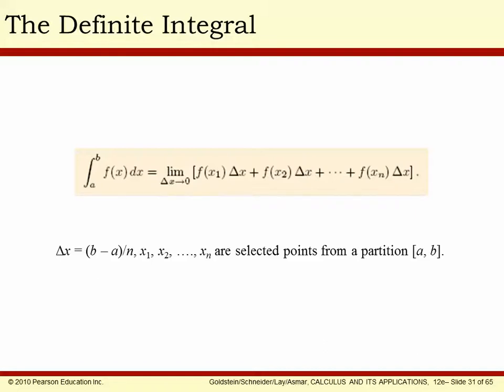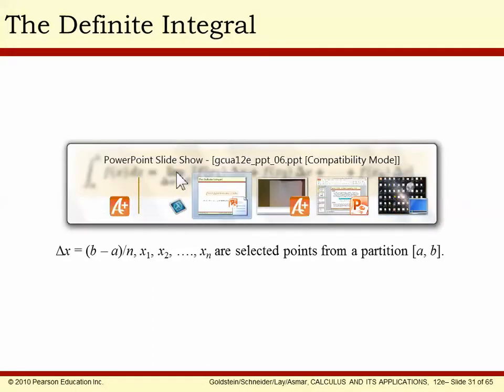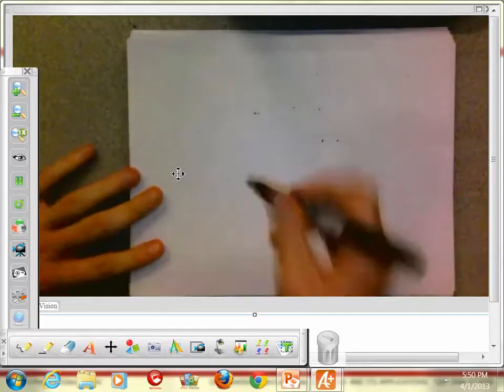So the idea here is, if we let the rectangles get more and more and have smaller and smaller bases, eventually we wind up with the area under the curve. Okay. So we're going to do an example in a second, but just a quick illustration of what it is.